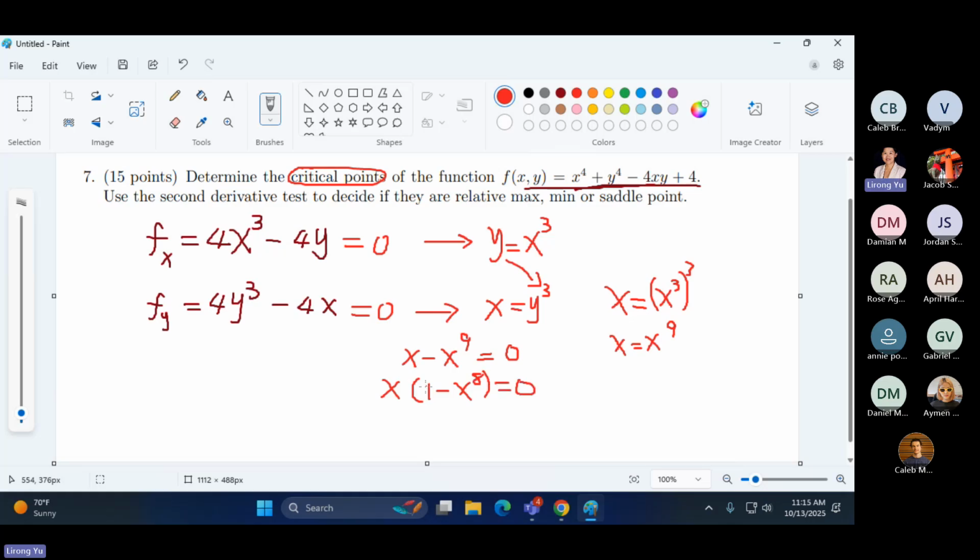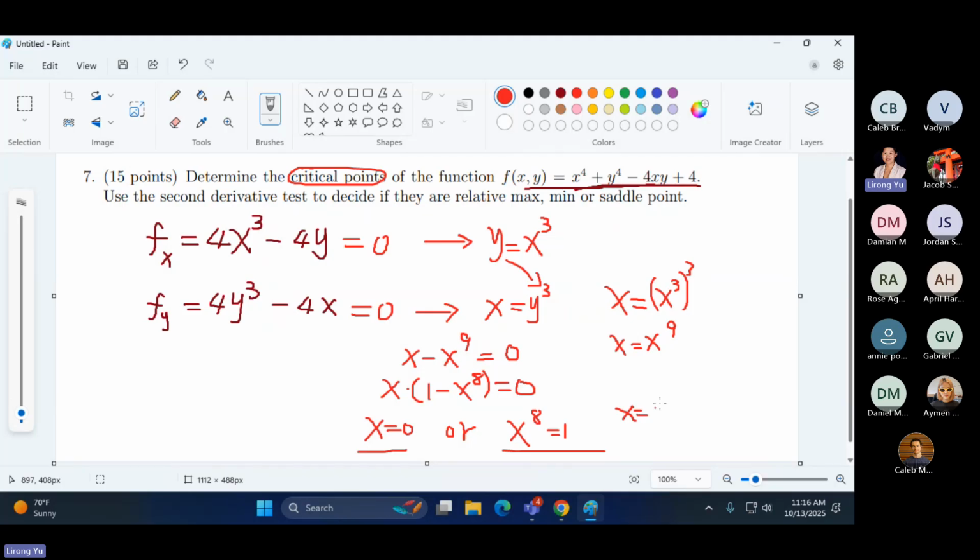Which equals 0. Because the factoring would reduce the number of variables in the equation, x is a factor which could be equal to 0, or it's an OR relation, so you don't have to have both. So you can consider that's case 1. And case 2: x to the 8 equal to 1 means x to an even power equal to 1, so x could be 1 or negative 1.